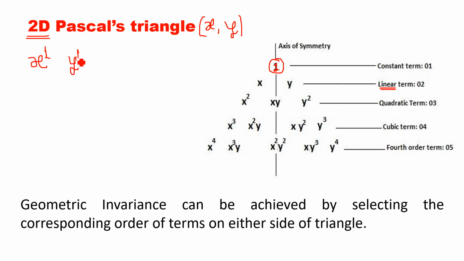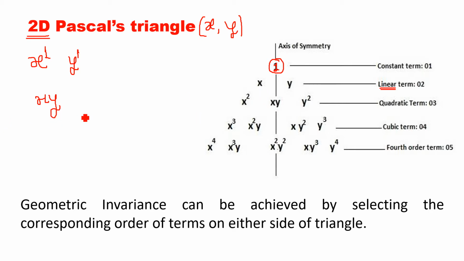Or you can say that if you select a combination of x and y such that the sum of degree of these two variables must be equal to 1, right? So we have to identify such combination of x and y. If you add the degree of these two coordinates, the sum of that degree must be equal to 1.